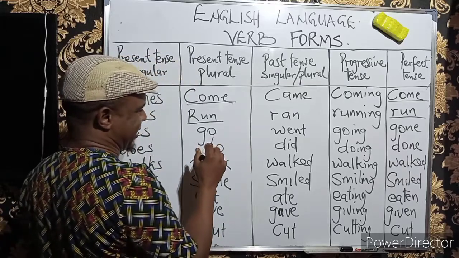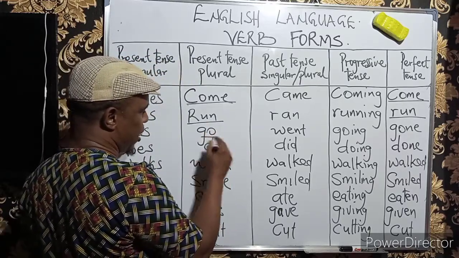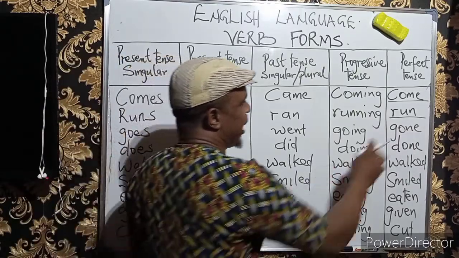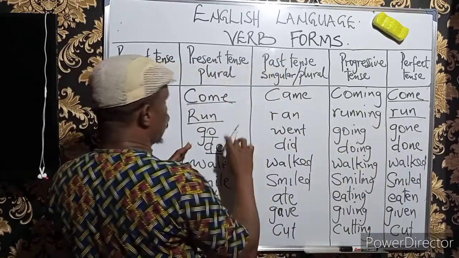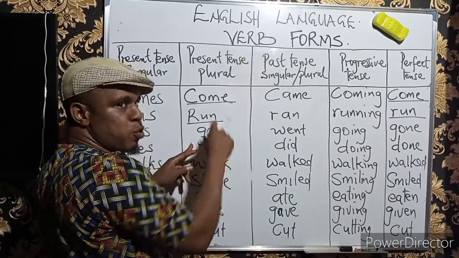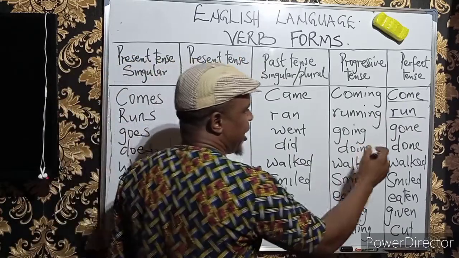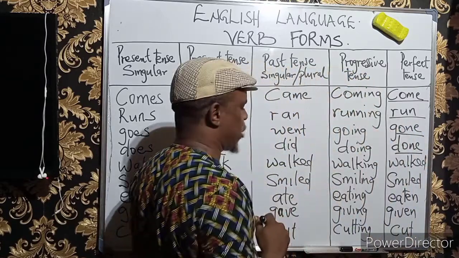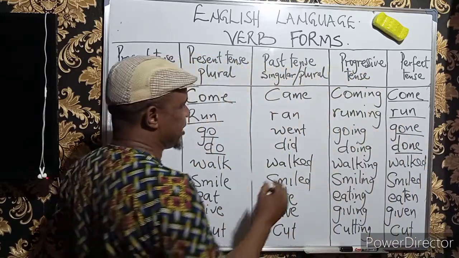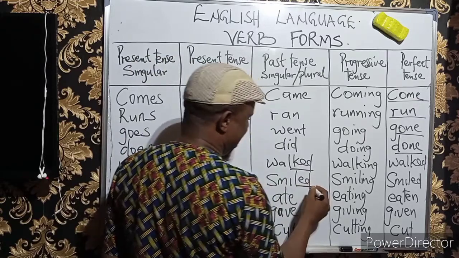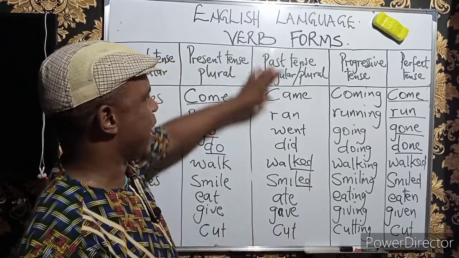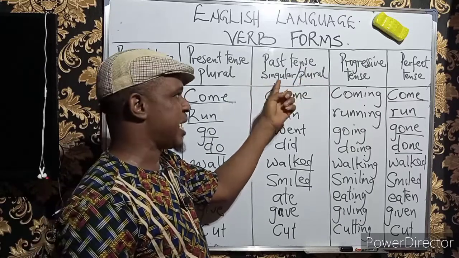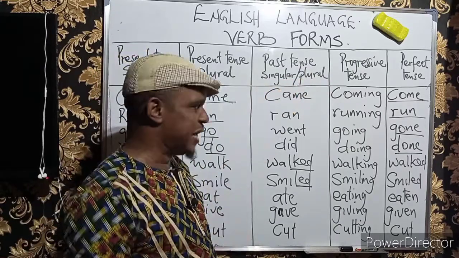Now, if we look at the second one, that's go and do, the two of them. In their present tense, which is plural, and their perfect tense, they change outrightly. Their forms change outrightly. The next one is walked and smiled, which we have in the past tense forms of the verbs and which can be used, of course, as singular and plural in sentences.